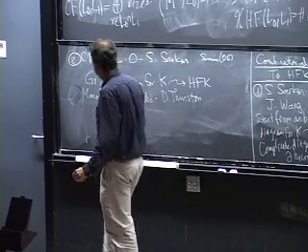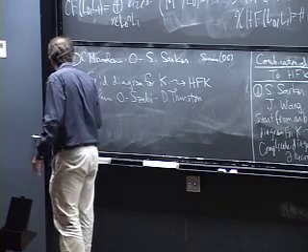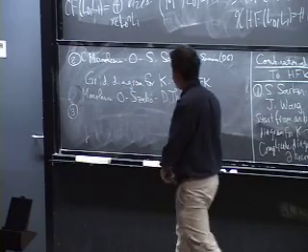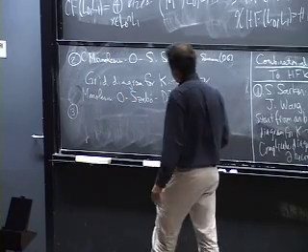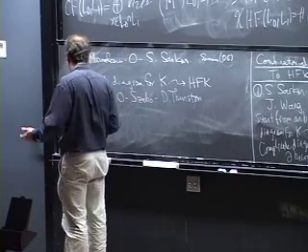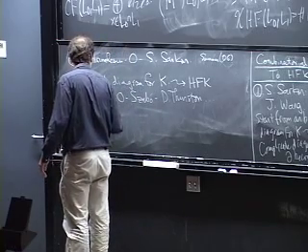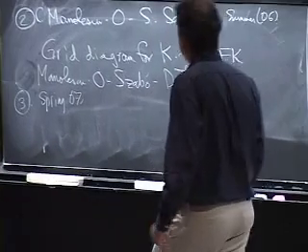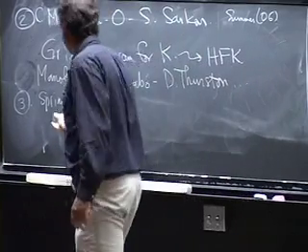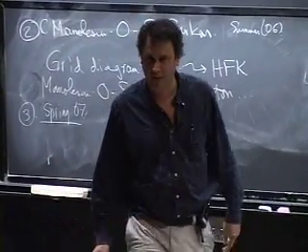This approach has been developed a bit more since the first paper, but I'd like to describe a third approach, which I guess is from spring '07. And this is a third approach to understanding knot Floer homology.